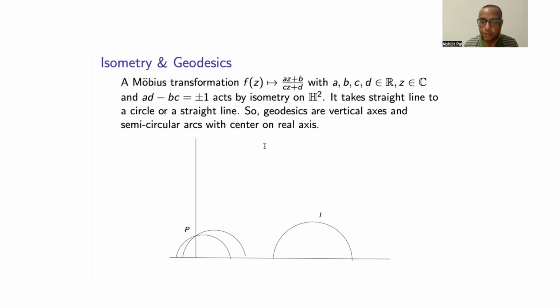Therefore the geodesics are vertical lines and semicircular arcs with center on the real axis. From here you can see clearly that the fifth postulate of Euclidean geometry is violated. Given a point P and a geodesic L in the hyperbolic plane such that P is not in L, there exist infinitely many geodesics passing through P not intersecting L.